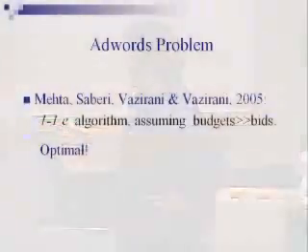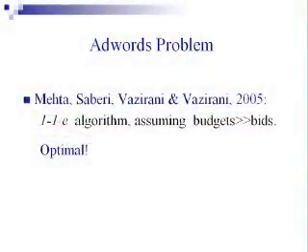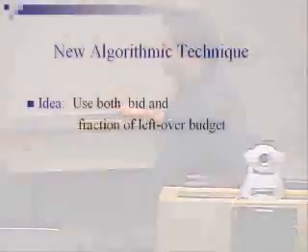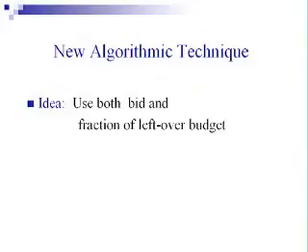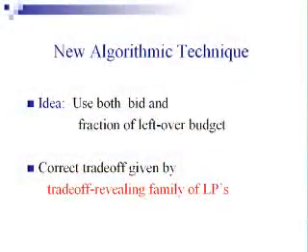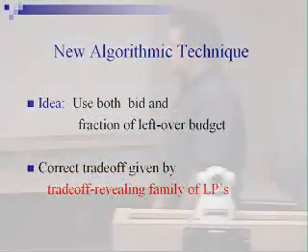And this is optimal. The interesting thing in our algorithm is that we use not only the bid, but also the fraction of leftover budget of each advertiser to decide who gets the next query. The exact manner in which the bid and the fraction of leftover budget are traded off is decided through a function that is obtained through a new technique called the trade-off revealing family of LPs in a rather magical way.